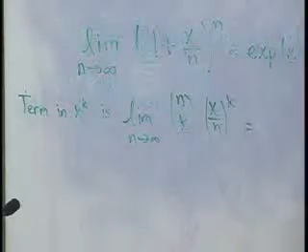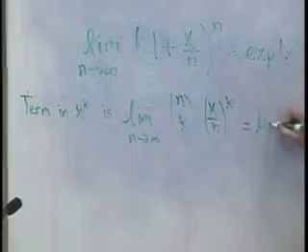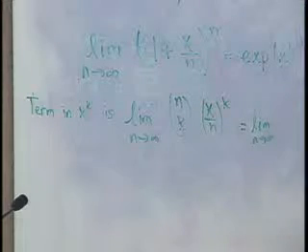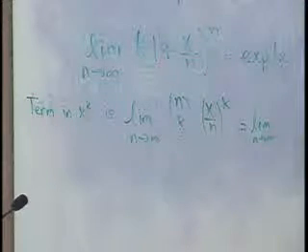Okay? Now, n choose k. I'll pull out a 1 over k factorial.